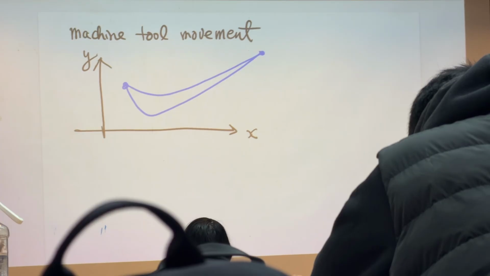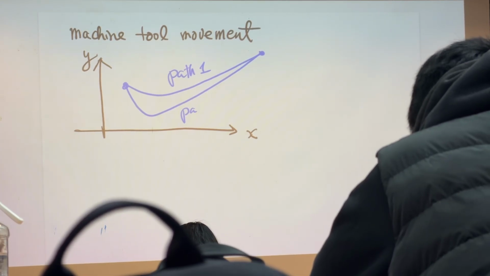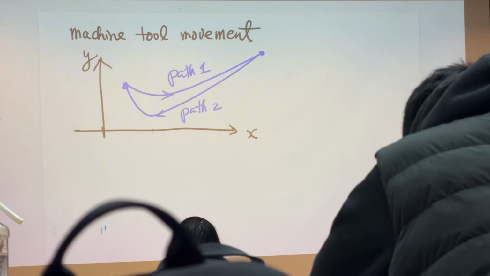From here to here. So let's say this is pass 1. This is pass 2. Maybe we're moving from here to here, and then coming back from here to here, right? Okay, so when we cut these 2 passes, this is actually a curve.